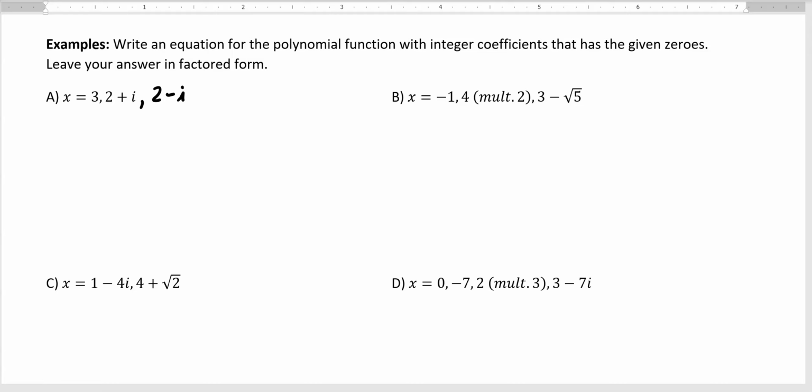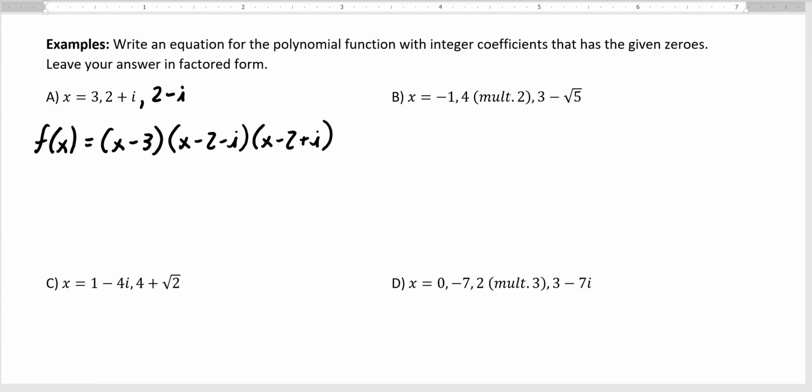It's impossible to get a complex or imaginary 0 without its pair. They will always occur in pairs. So the factors for this one would be f of x equals x minus 3, x minus 2 minus i, and x minus 2 plus i.